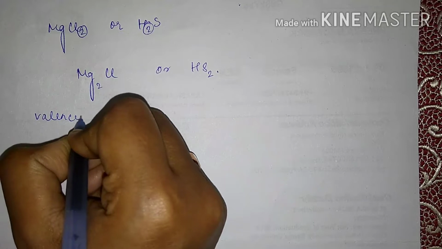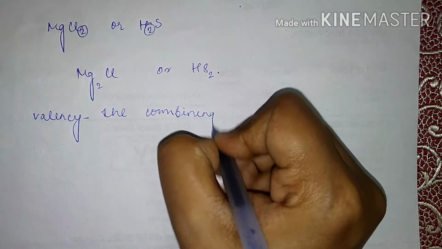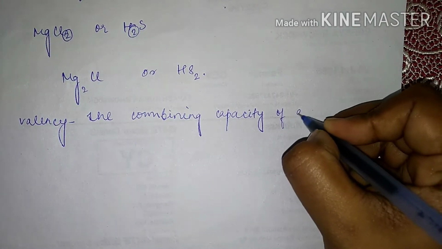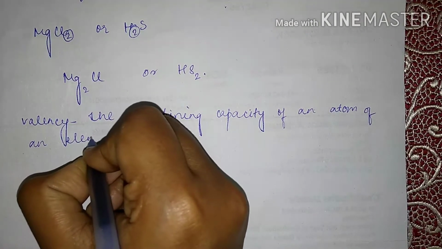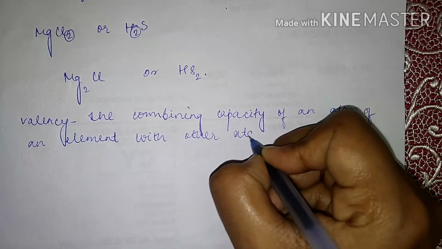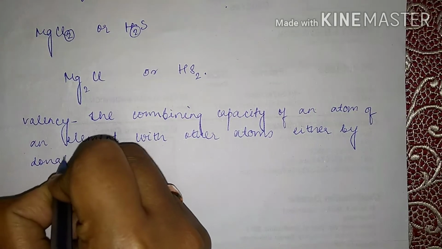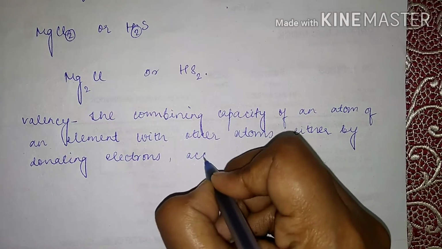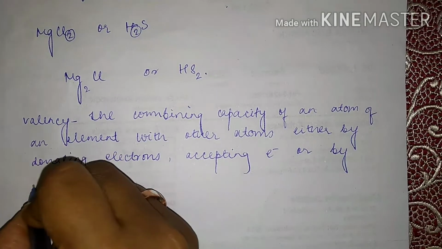Valency can be defined as the combining capacity of an atom of an element with other atoms, either by donating electrons, or accepting electrons, or by sharing electrons.